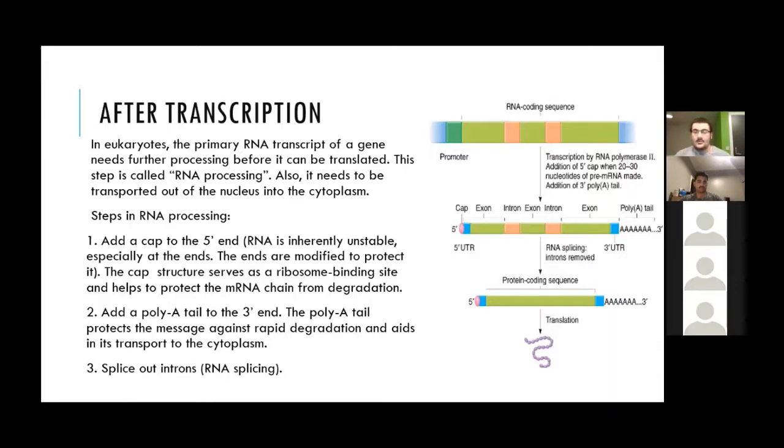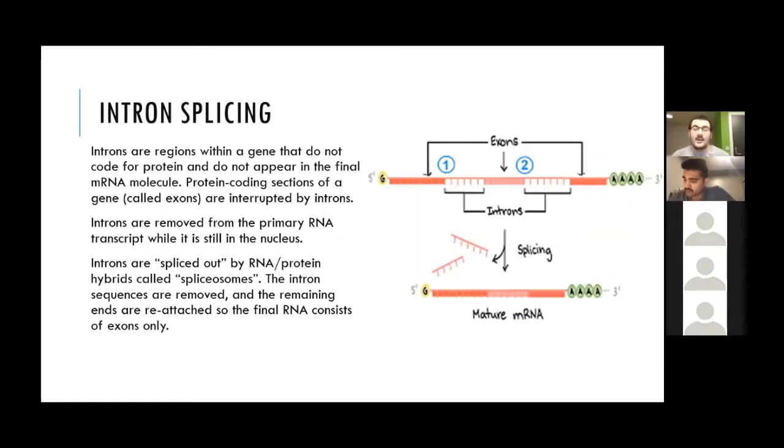Now the third and last post-transcriptional change is splicing, intron splicing, or RNA splicing. This intron splicing is done by a spliceosome, which is an RNA-protein complex, and what it does is cut out the introns, which are the non-coding parts of the RNA, that don't code for anything, not for proteins, not for anything.